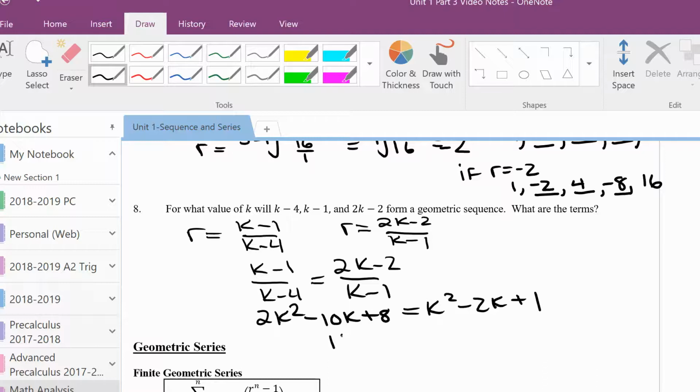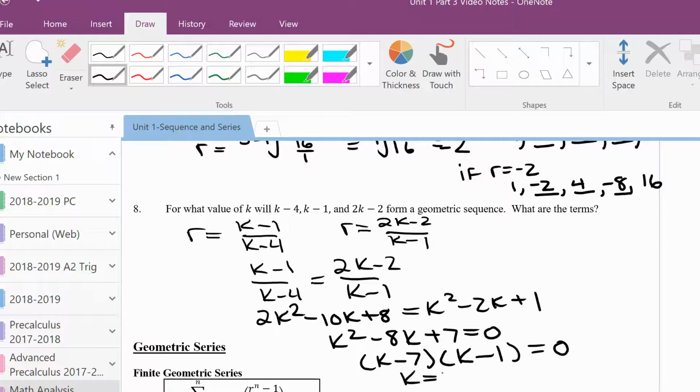Combine like terms, so you get k squared minus 8k plus 7 equals 0. And then factor, so you get k minus 7 and k minus 1 equals 0. So k equals 7, or k equals 1.